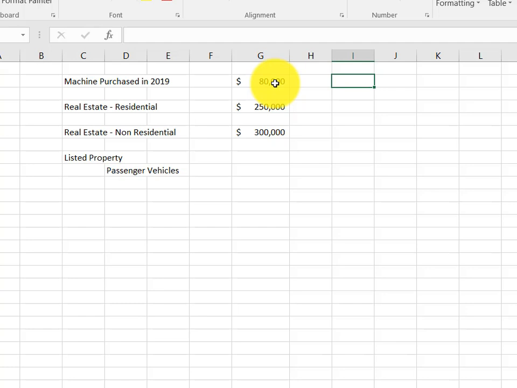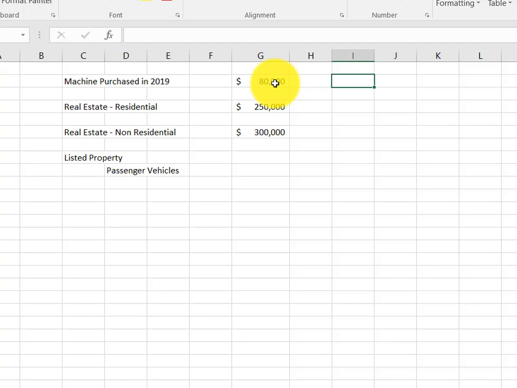So if you didn't work with Section 179, and there are some limits on Section 179 besides the dollar limit, there's also how much earned income from the business you had, which may limit that, which does not apply to bonus or special depreciation. Either way, you could choose to depreciate all of this asset in the current year.